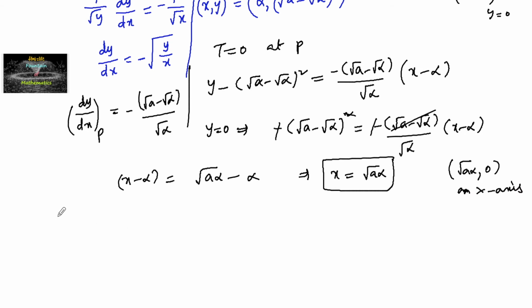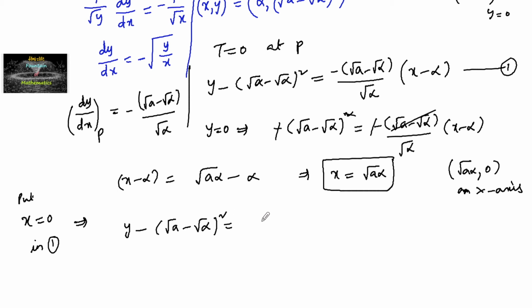So similarly we'll do for y-intercept. Put x is equal to 0 in tangent equation. So this is tangent equation. So we'll get y minus of root a minus root alpha whole square is equal to minus of root a minus root alpha upon root alpha into 0 minus alpha.